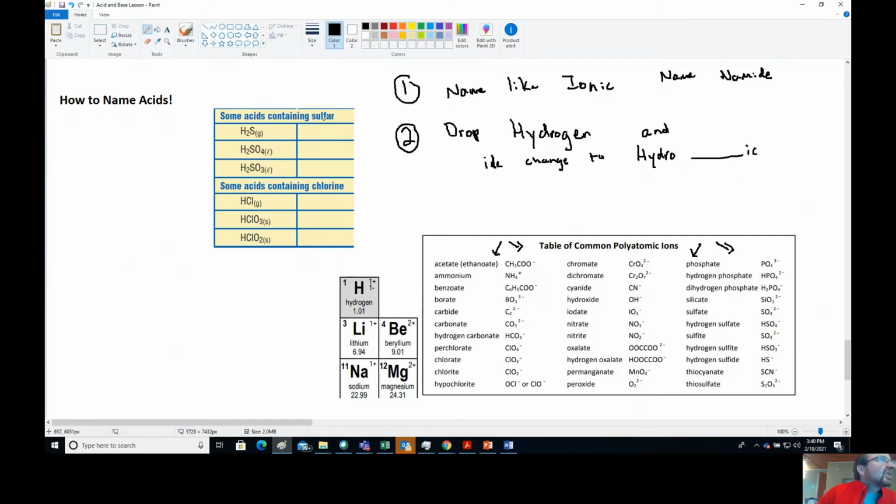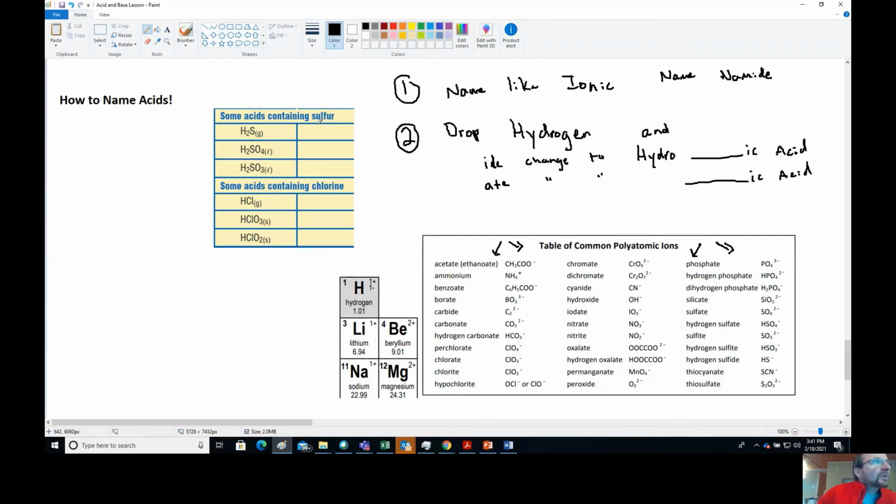So it's going to be sulfuric or chloric, right? Those are the two we're focusing on. Acid. It could be ide, and you want to change that to ic, just ic acid. Oh, very icky.